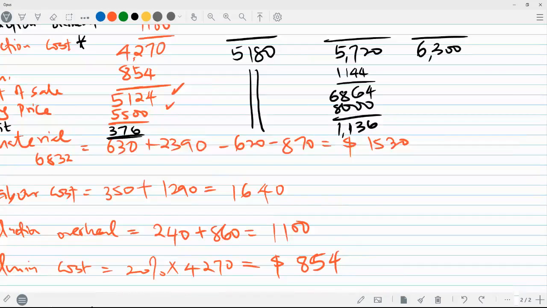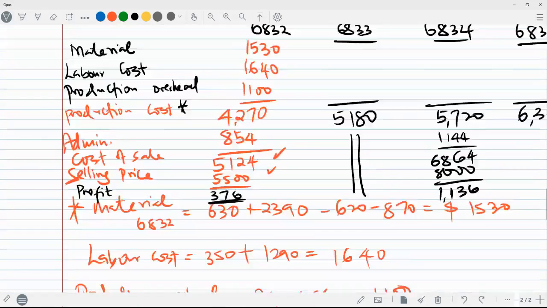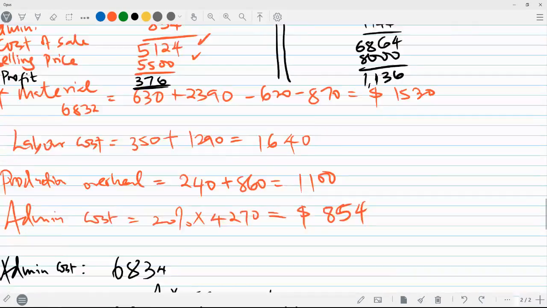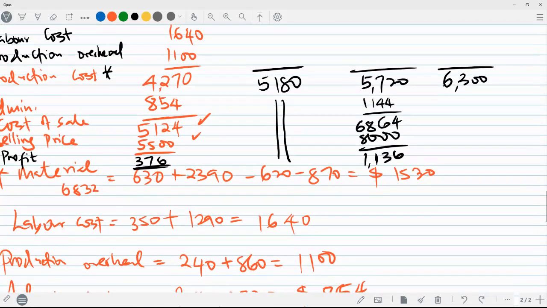From scale that 5, okay, the admin cost. This is scale that 5. Admin cost is 20% of the production cost, which is 6,300, which is 1260. Therefore, admin cost is 1260.